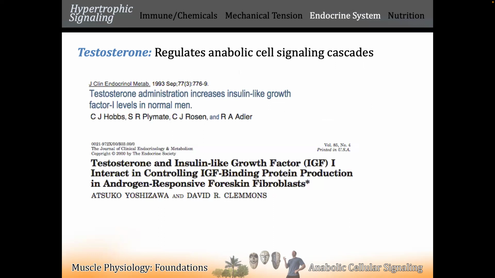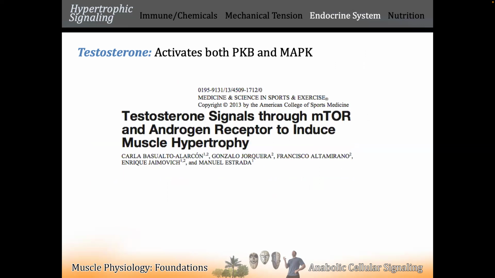There's an article from 1993 here and another one from 2000 evaluating this. But the effect of testosterone on mTOR seems to be through both increased levels of IGF-1 and enhancement of the IGF-1 signaling pathway. So again, two different mechanisms of growth with testosterone.